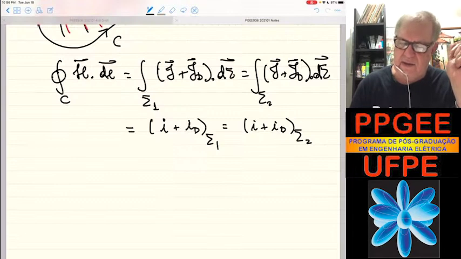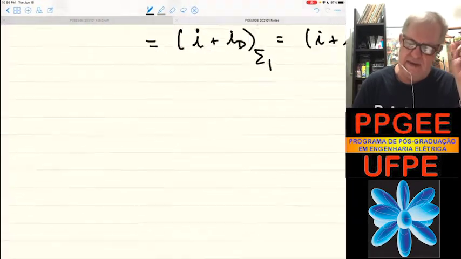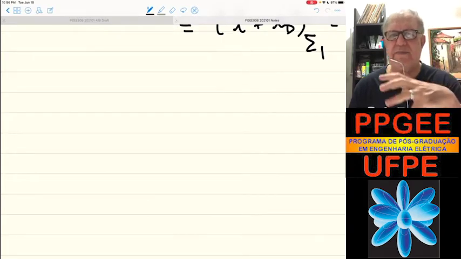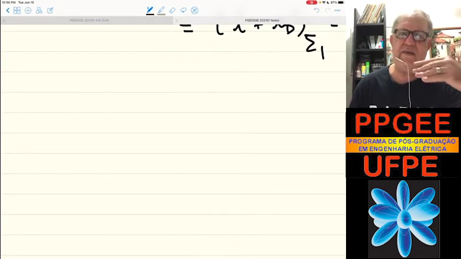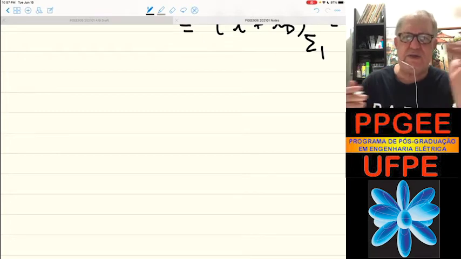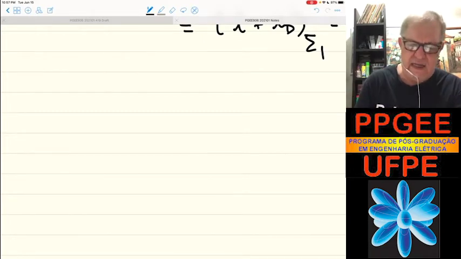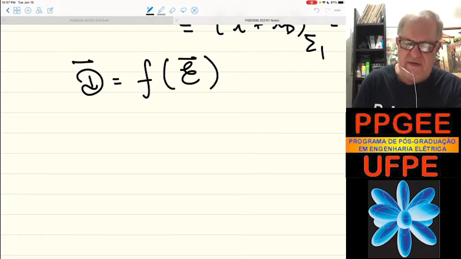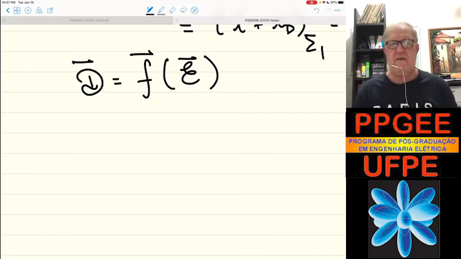And also, I mean, we might encounter, let's say, more complex materials, not only made by magnetic or electric dipoles, but then the general relationship that we must write is like this. D is a function, some type of function, depends on the material, of E, okay? It's a vector function of E, right?